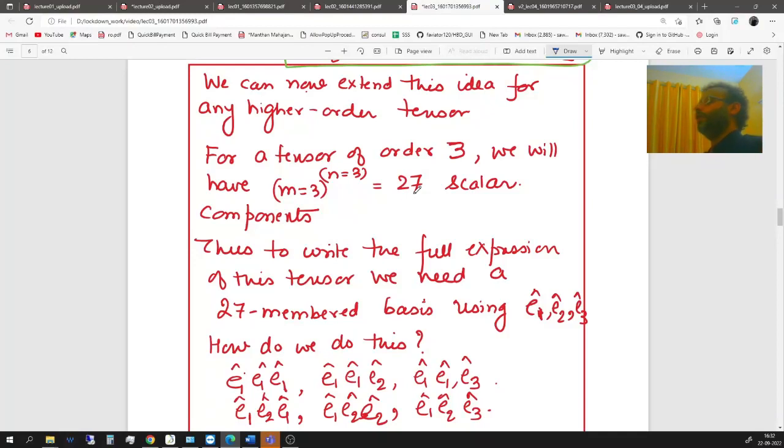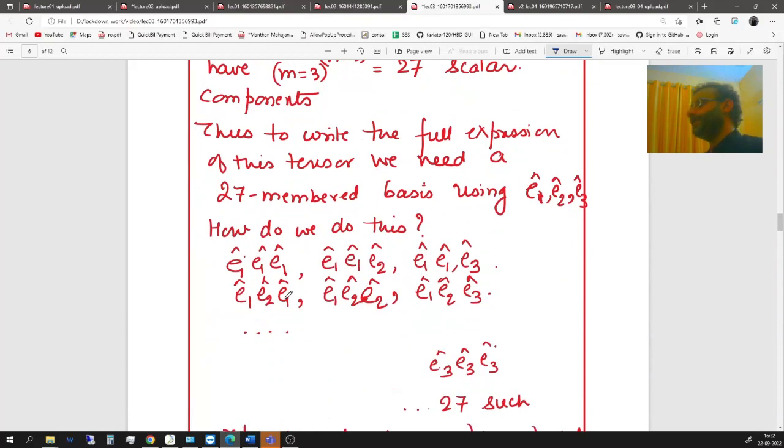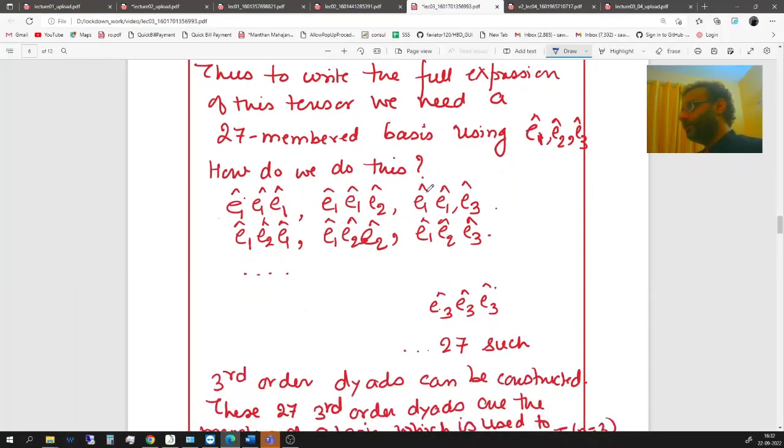And then you think about it, that to write the full expression of this tensor, we need a new basis which has 27 members. And those 27 members should be created somehow using E1, E2, and E3. How do we do this? The way we do this is shown here. Now, instead of considering 2 unit vectors standing next to each other, you should start considering 3 unit vectors standing next to each other where order matters.